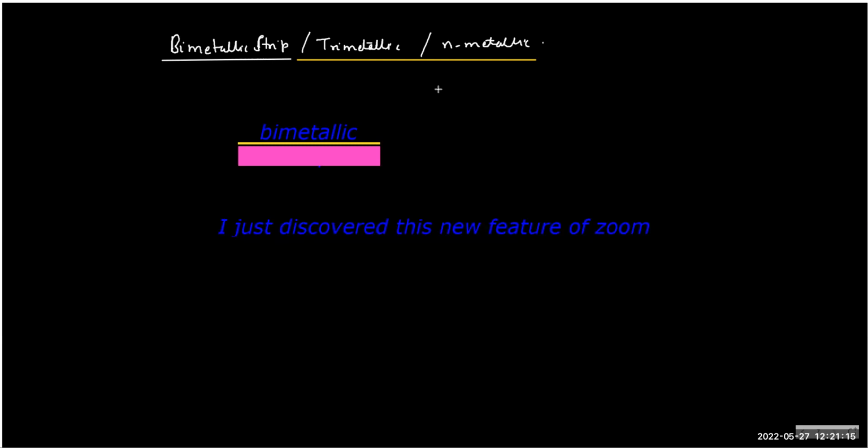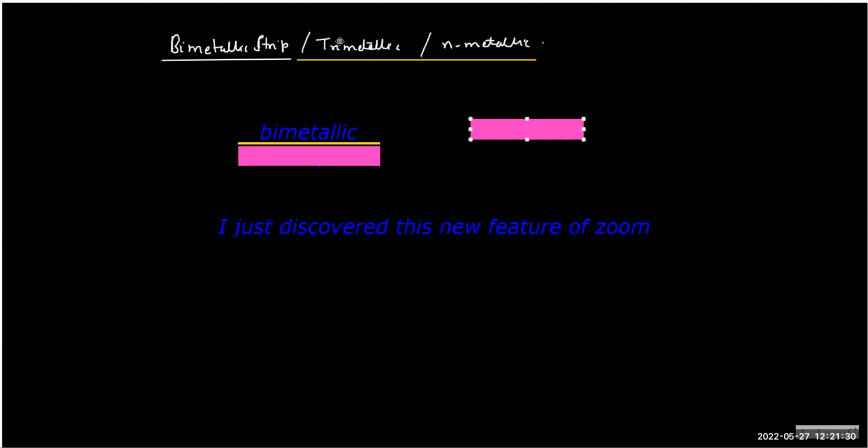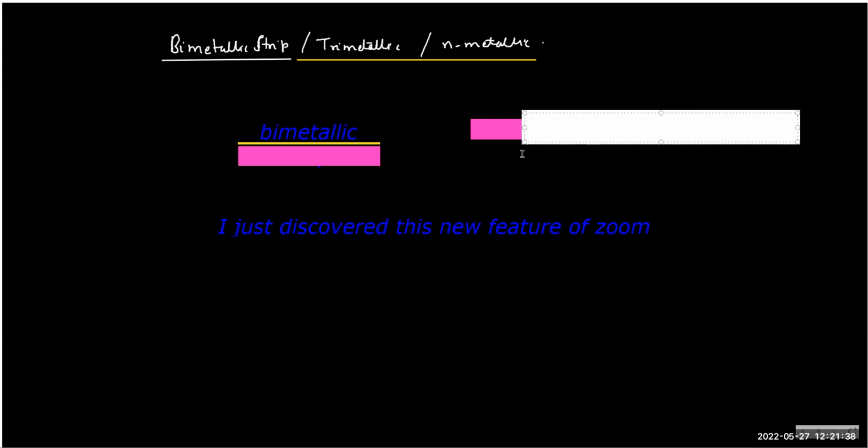If I draw anything and if I click, this is the text part.